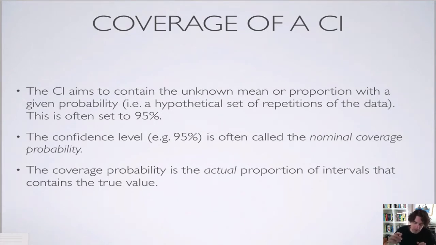Well, the confidence interval aims to contain the unknown mean or proportion with a given probability, and that's often set to 95%. So the confidence level of 95% is often called the nominal coverage. But the number of times that it actually covers it is called the coverage probability.